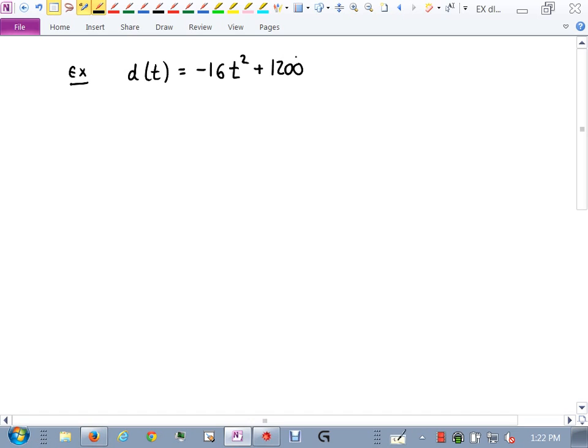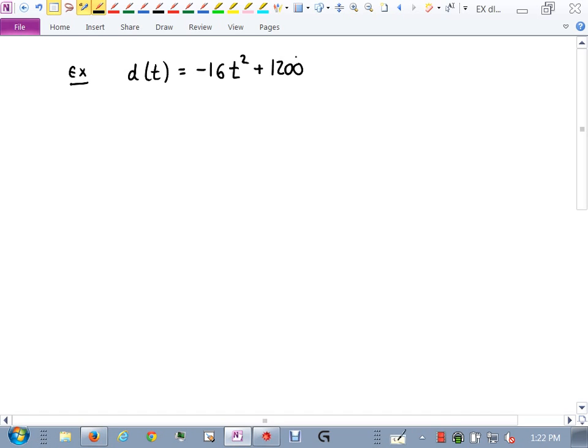Does that follow the format of an object being dropped on Earth with no air? Yep, you've got negative 16t squared. Do you have v naught t? Kind of. What's v naught? It's 0, right? Because there's no t term here. And then you have d naught. What's d naught? 1200. So this is really an object being dropped from how high? 1200 feet. Okay? We're going to let it go.